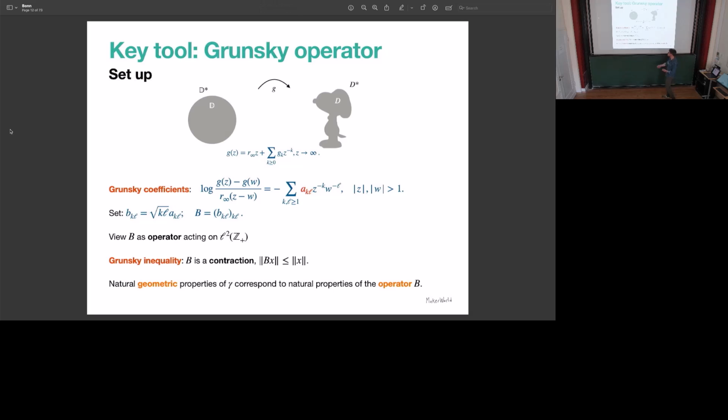Nevertheless, it turns out for this problem that in several instances, natural geometric properties of the boundary of your domain correspond to natural properties of the operator B. It's really viewed as an operator.